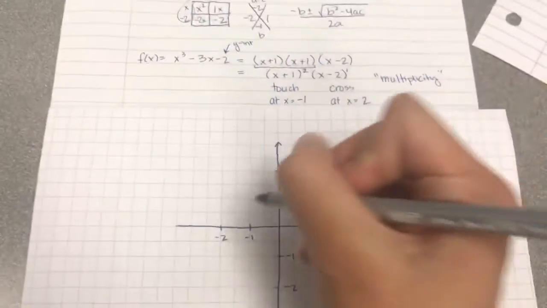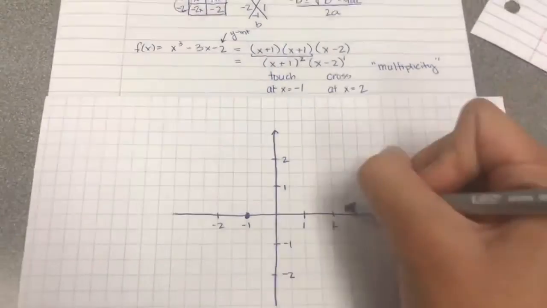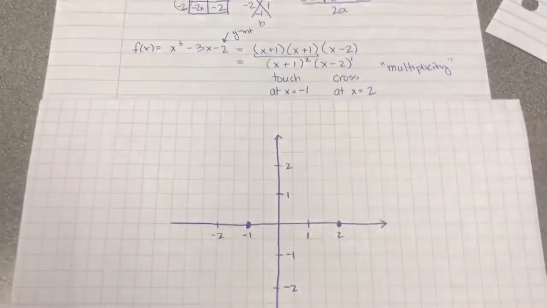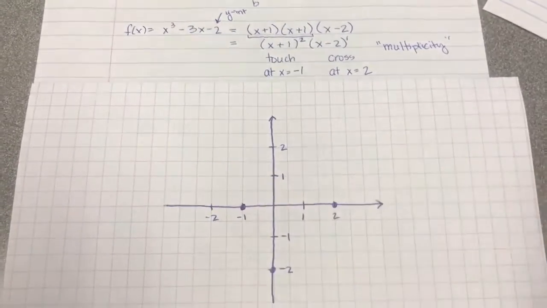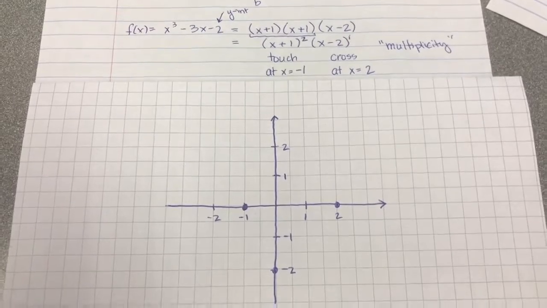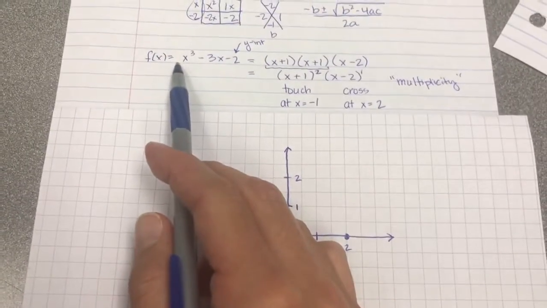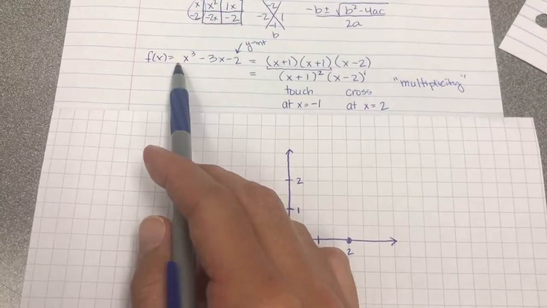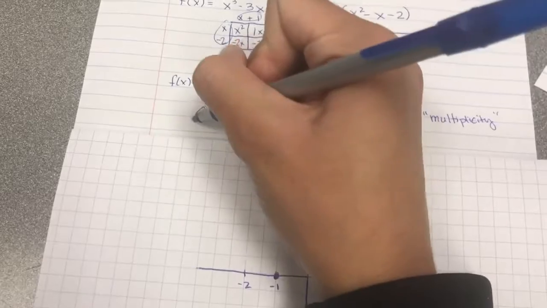So, we have a root at x equals -1, and we've got a root at x equals 2, and our y-intercept is at -2. Another thing we might like to point out is that the coefficient here of our function is a +1, and it's cubic, so that means its shape's going to look something like this.